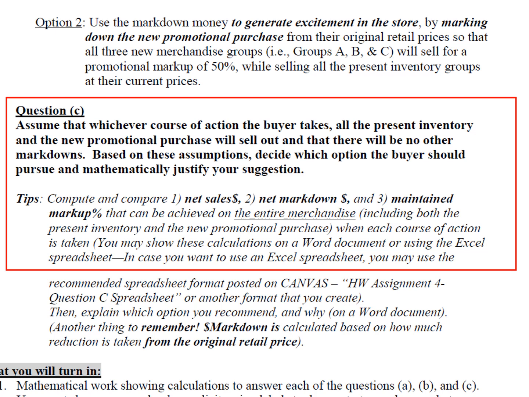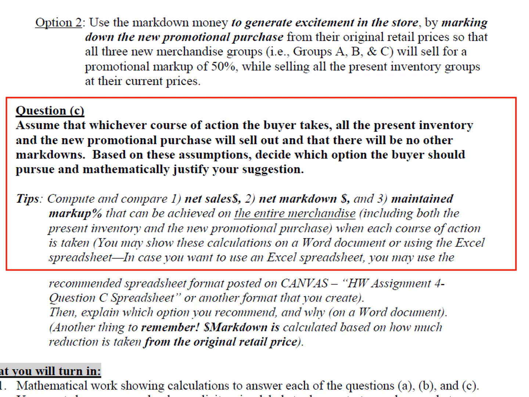If you go with option 1, remember that whichever option you choose, you're going to sell all of them, all present inventory and all new merchandise. So you have to calculate what net sales you're going to achieve given the pricing plan each option gives, and then how much markdown you will end up taking, in terms of net markdown dollars.